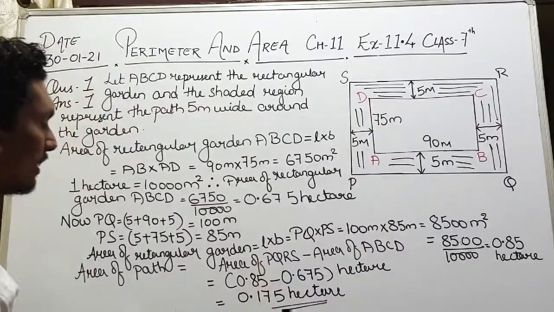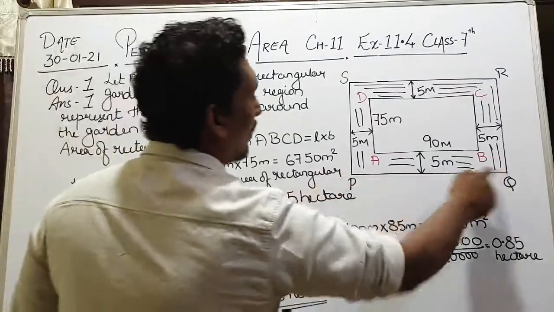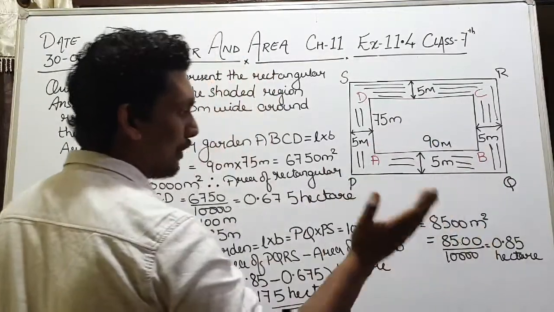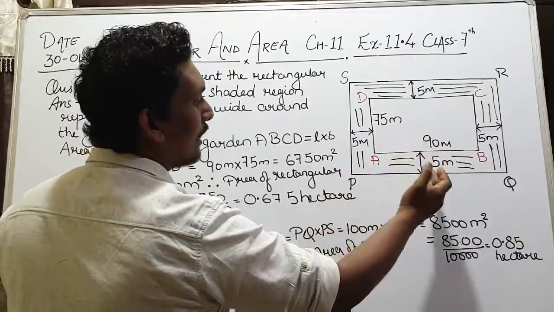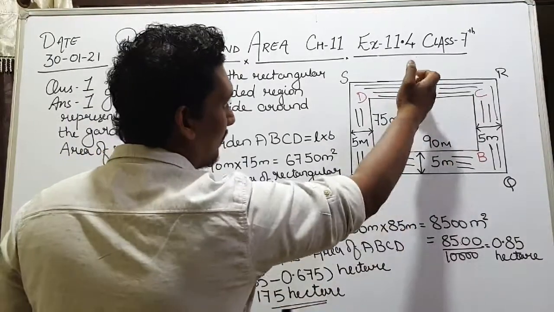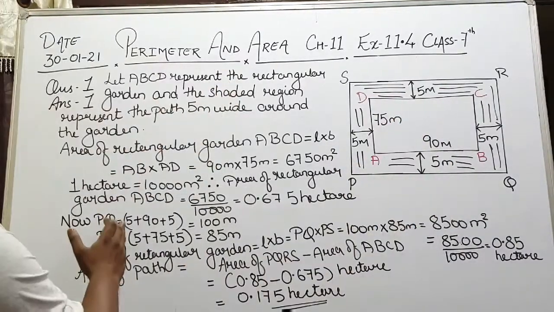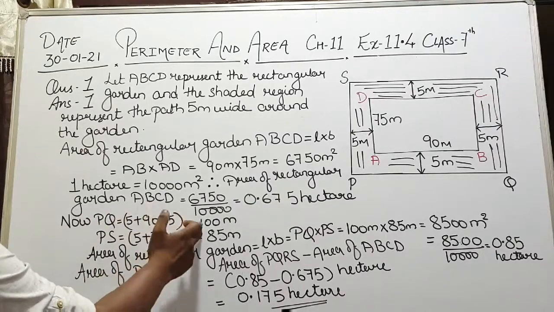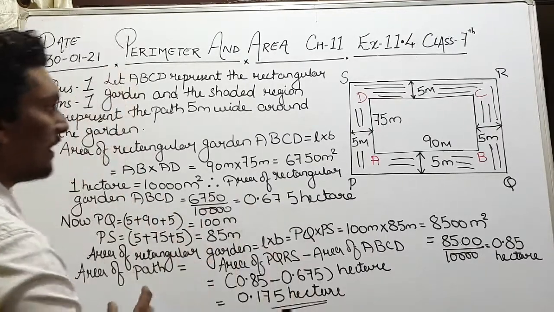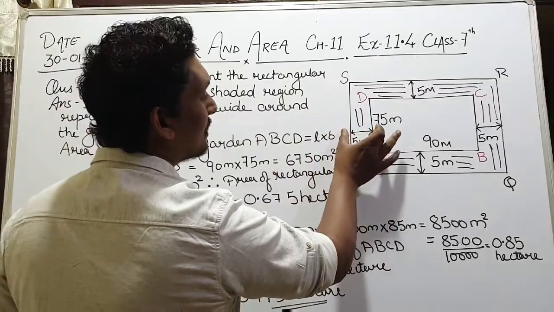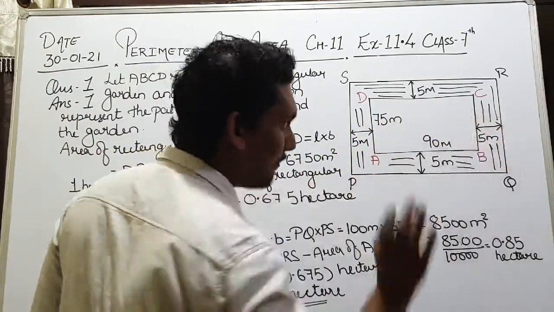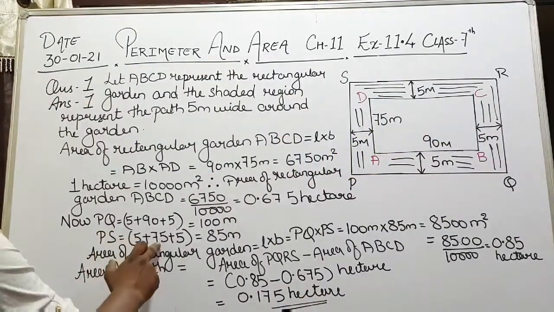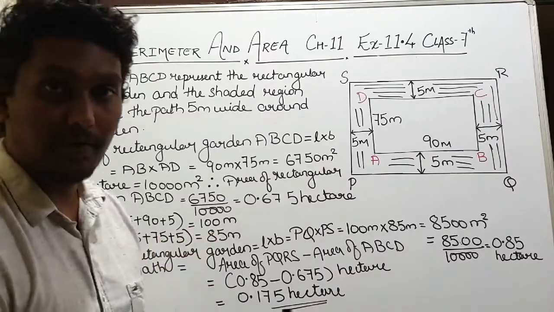We are talking about PQRS. So PQ, we are talking about the length. Length includes, as I told you previously, this 5 meter, this 5 meter and this 90. So 5 plus 90 plus 5, that will give 100 meter. Same way we are talking about the breadth. Breadth will include this 5, this 75 and this 5 meter. So that is 5 plus 75 plus 5, that is 85 meter.